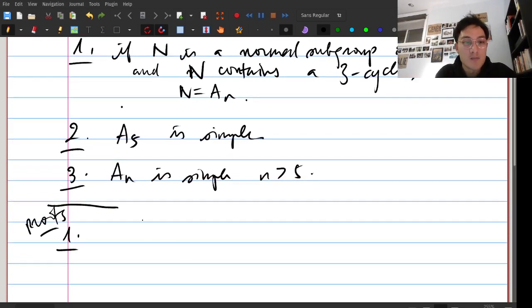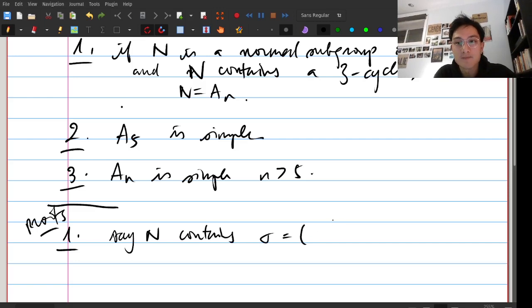Okay, so for this lemma, we assume N contains sigma equals (1 2 3), since we can rename everything.